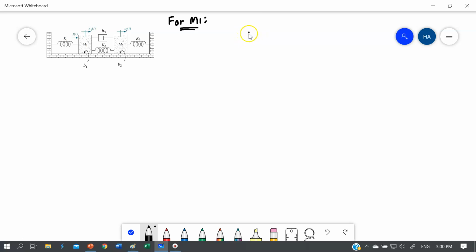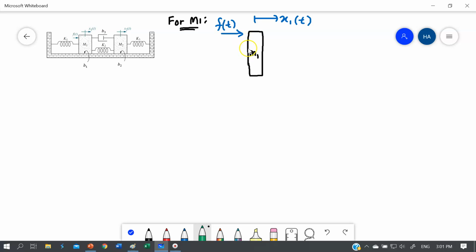So here M1 we have input F of T, which is force applied to the mass, and the output is X1 of T, which is displacement. Now the next thing to draw is the reaction forces.